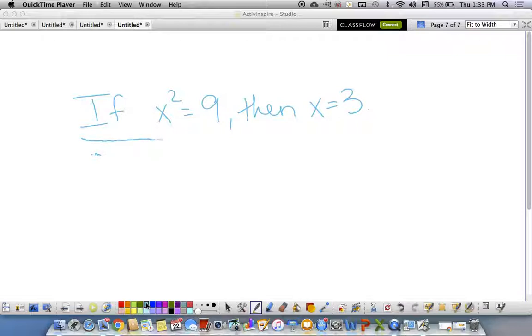Are you underlining if? Yes, the hypothesis, x squared equals 9. The conclusion, x equals 3.